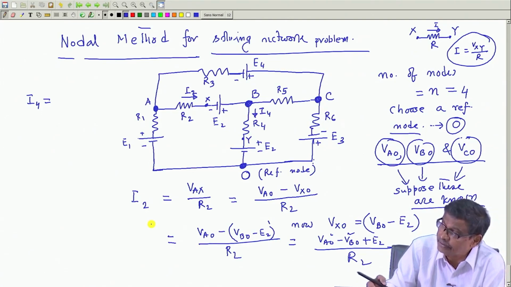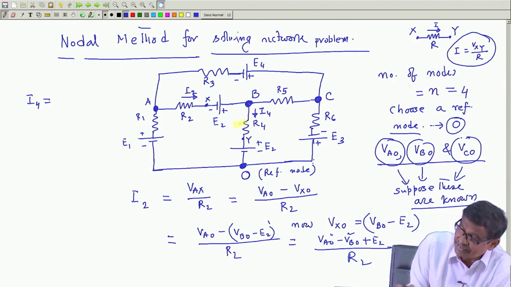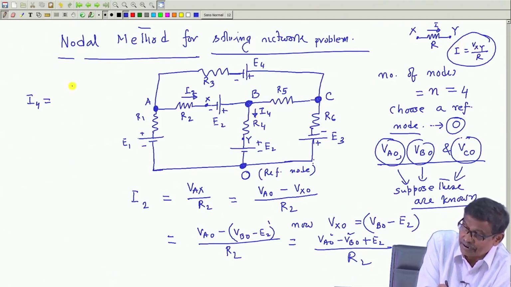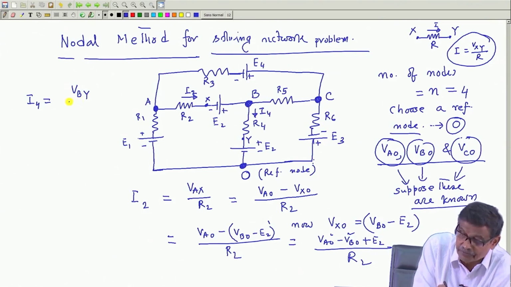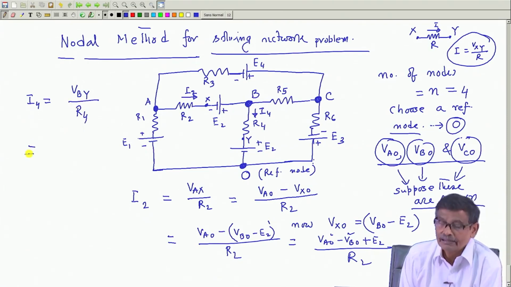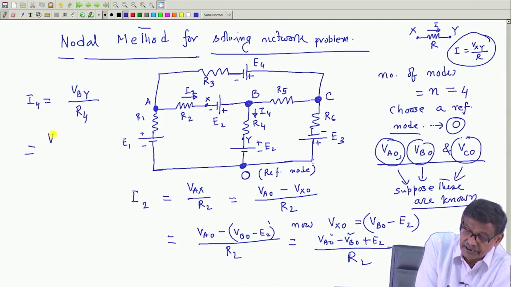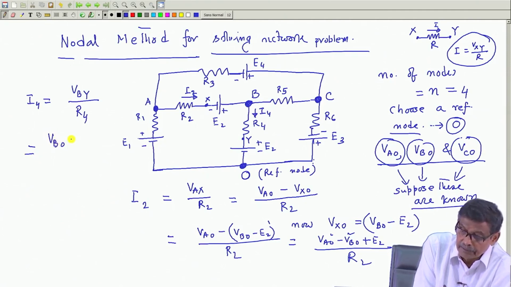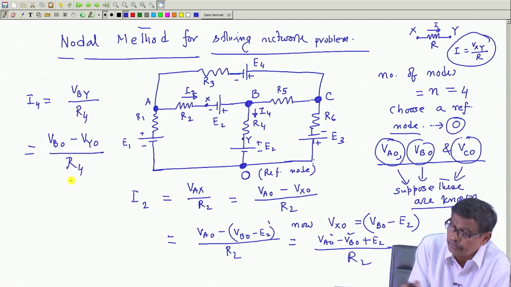To be consistent with the earlier expression, I4 will be Vby, the potential of B with respect to y, divided by R4. Vby can be written as Vb0 minus Vy0, with respect to the same point.